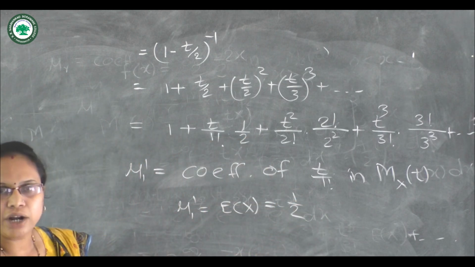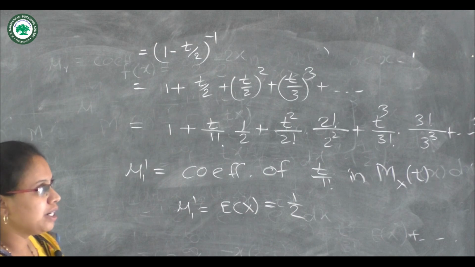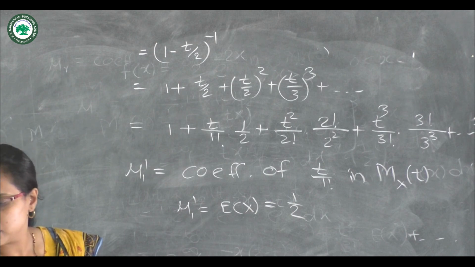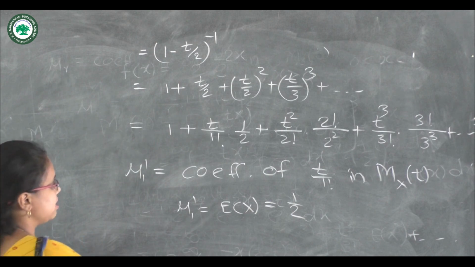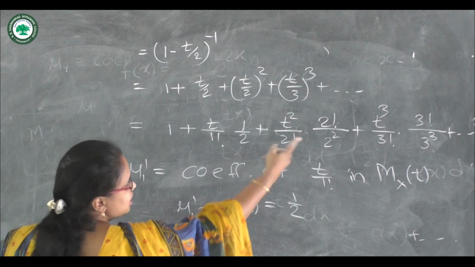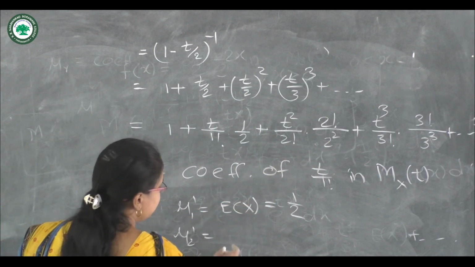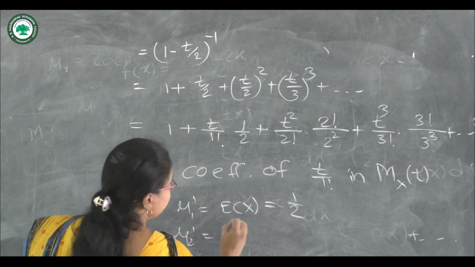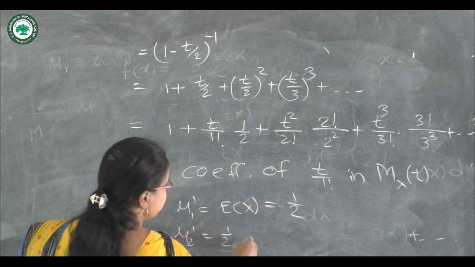So you can find the expectation of x by this method also, or we can directly use the formula for expected x. Similarly mu 2 dash is this coefficient, so it is 2 upon 4, that is 1/2.